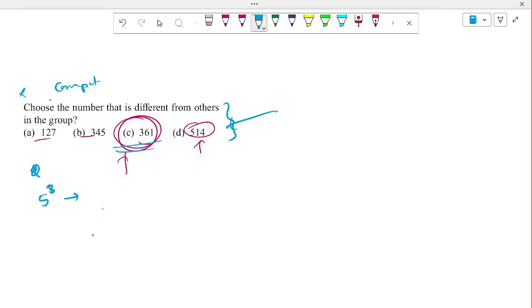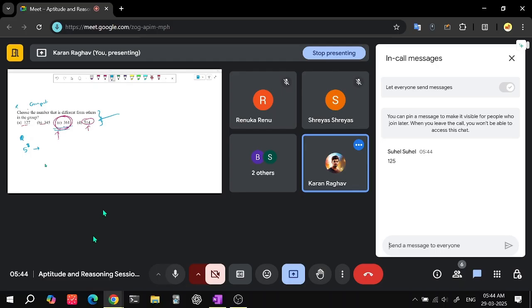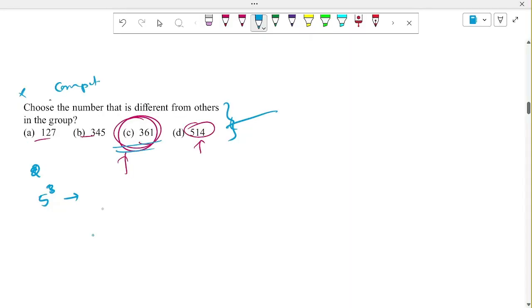Are you able to type in the chat or not? Or it is not allowed? Is it saying you cannot type in the chat?